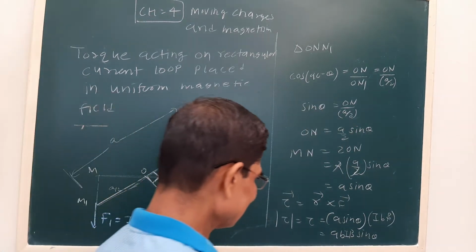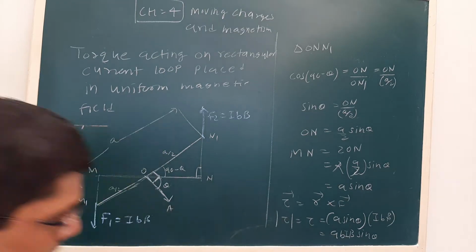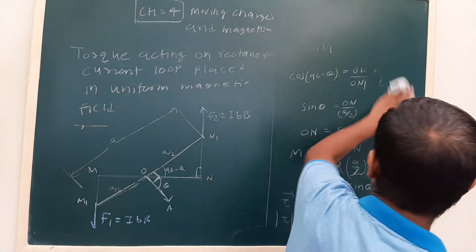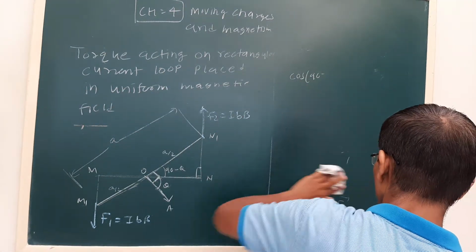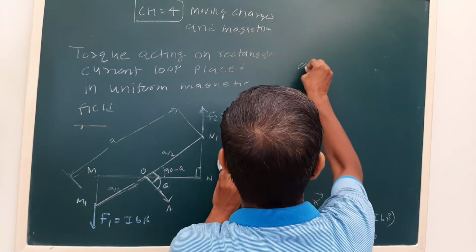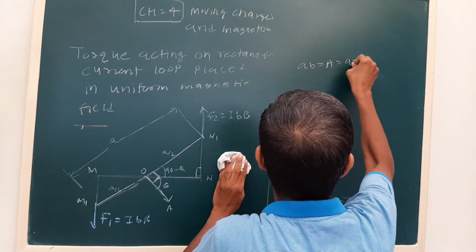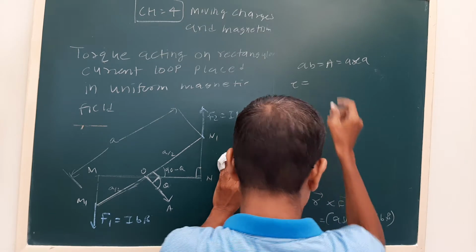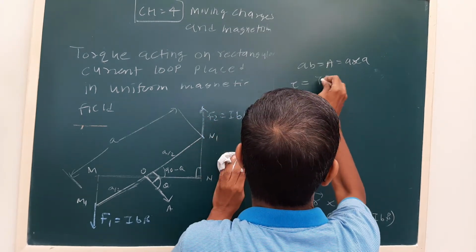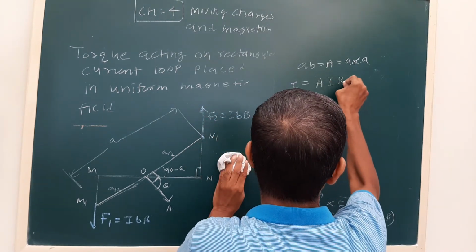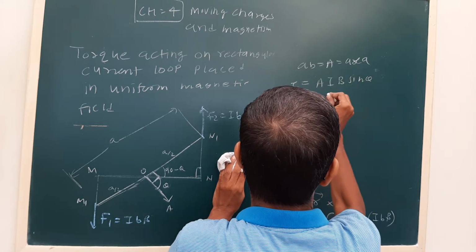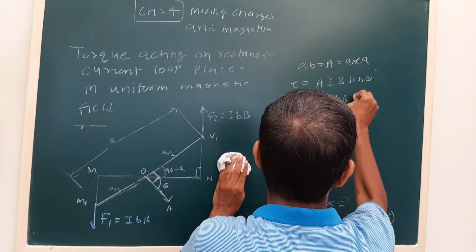Now here ab again is the area of the loop. Torque is IAB sin theta.